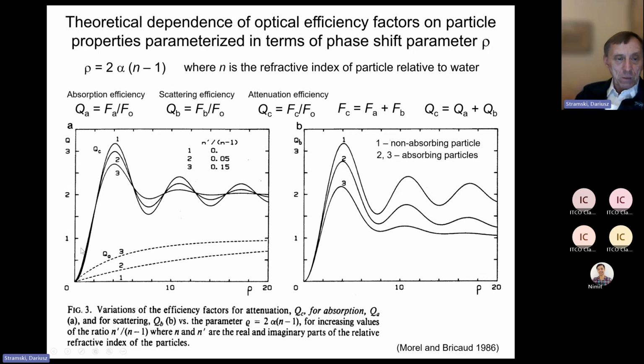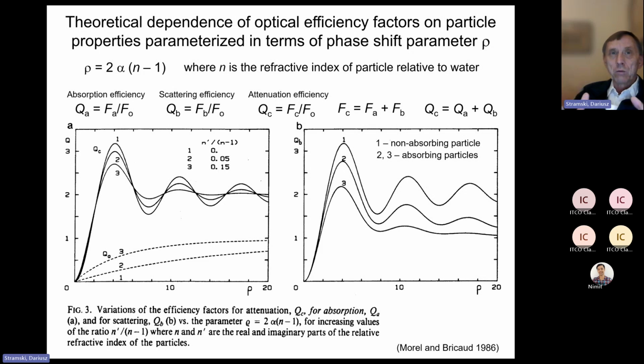Well, the first striking observation is that the efficiency factor for attenuation can be larger than 1. What does it mean? It means that a particle can attenuate more light than is being intercepted by the projected area. At first glance, it may seem like a paradox. How is it possible that a particle attenuates more light than is incident on its geometric projected area? The explanation is diffraction.